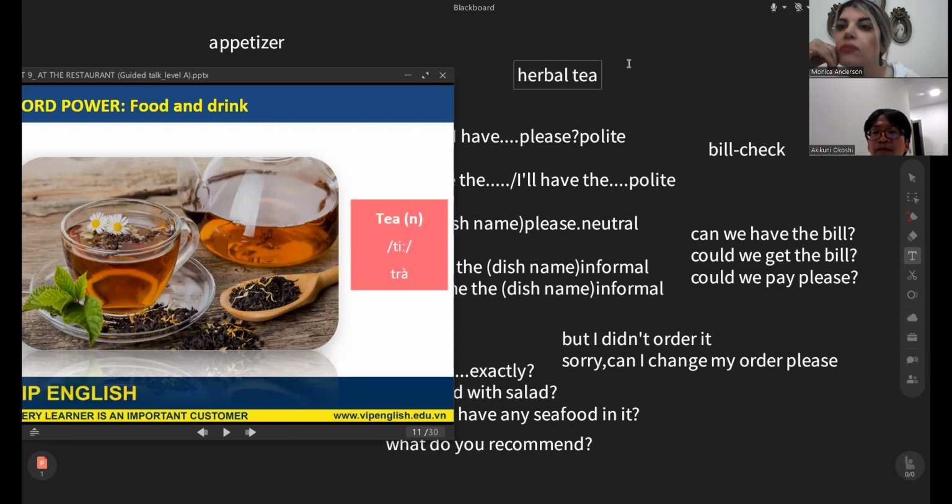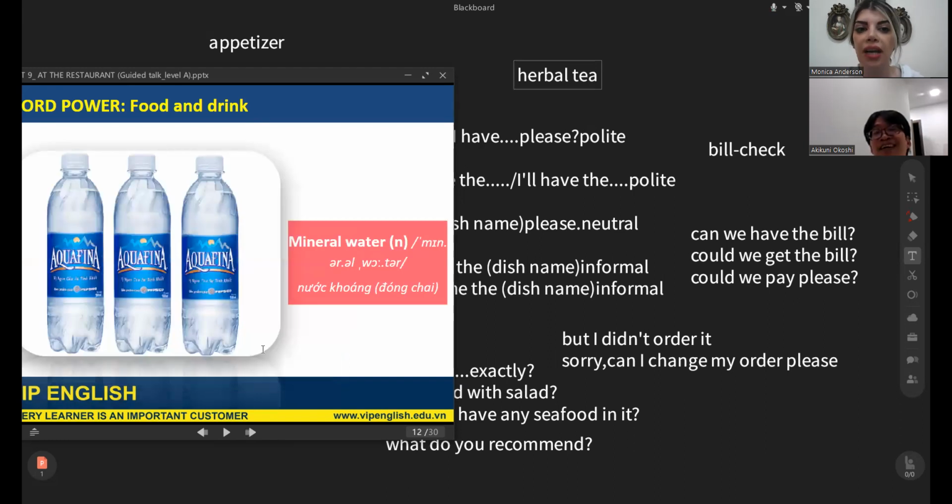I hear that it makes you sleep well. Yes, it helps you sleep well. Maybe artichoke. There are many kinds of flowers.